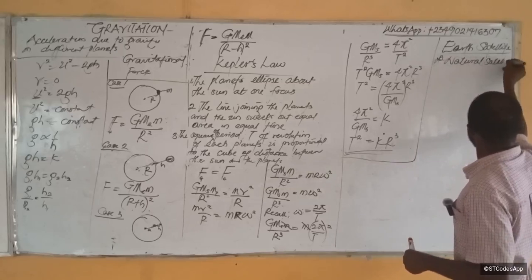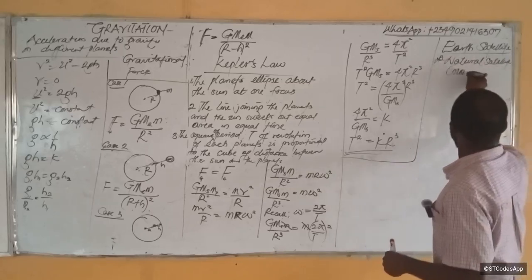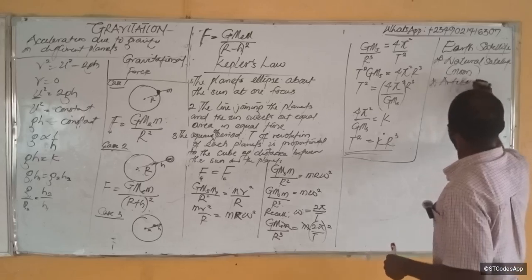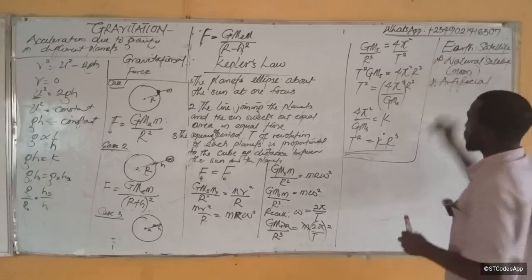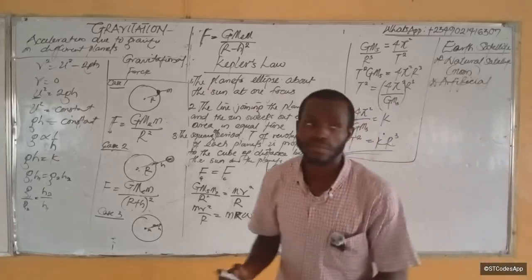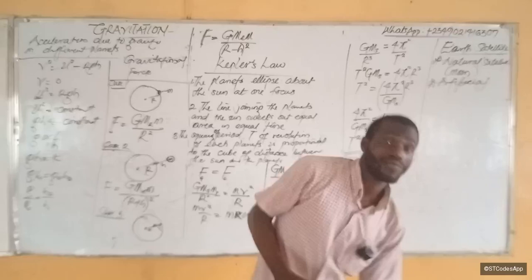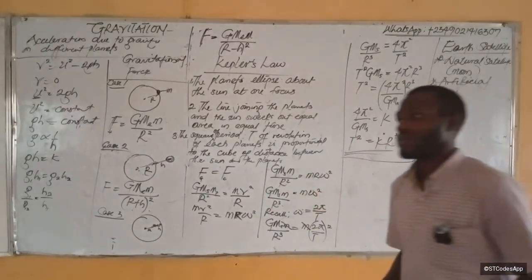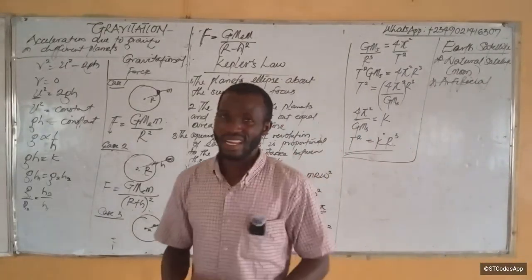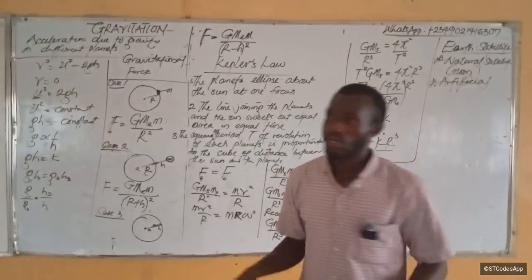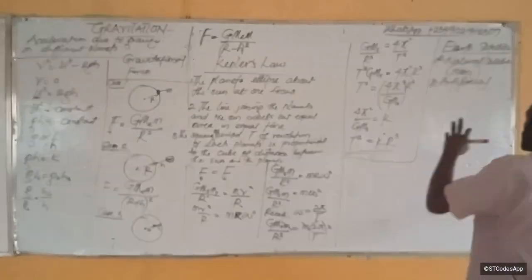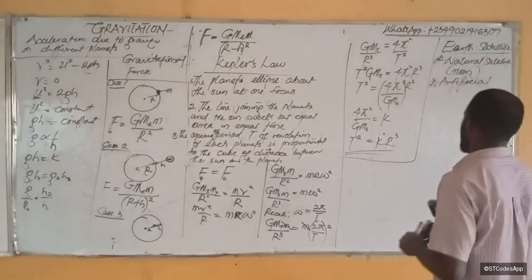There are natural satellites, such as the moon, and there are artificial satellites, such as the ones we use for communication. Which other satellites do we have? Basically communication satellites, those are artificial satellites.